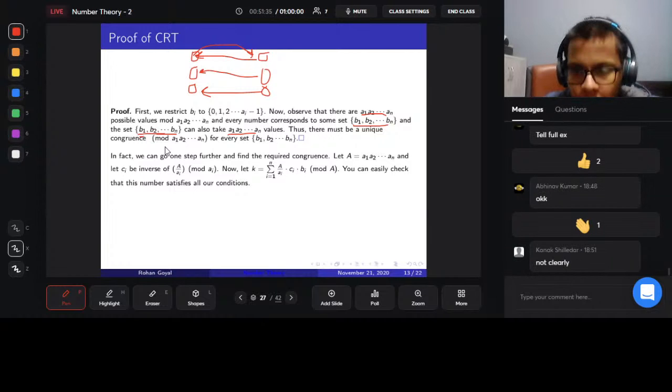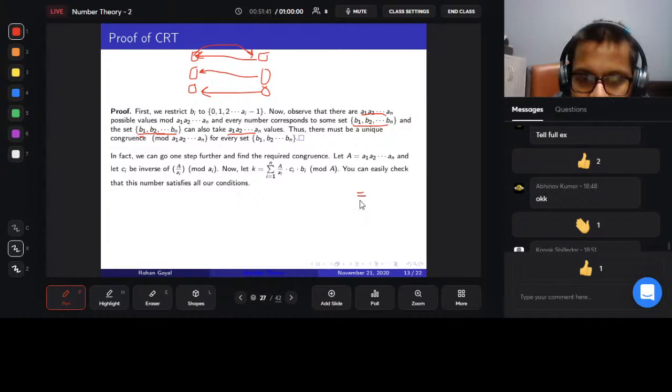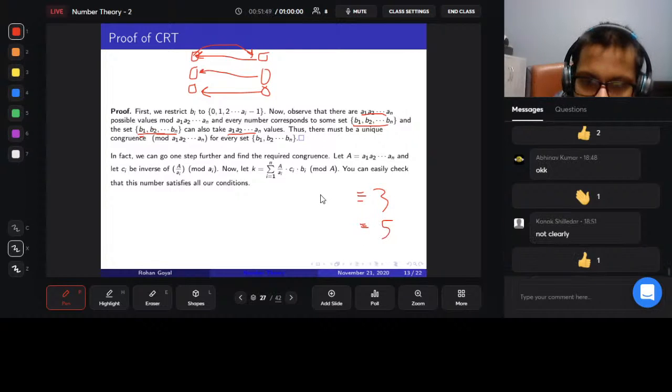Okay, not clearly. Okay, so for example, when we were considering mod 3 and mod 5, this can be 0, 1, or 2, and this can be 0, 1, 2, 3, 4.